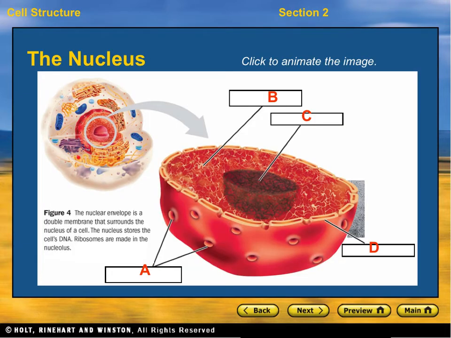Okay, so if we look over here in the upper left corner, you can see the picture of an entire cell. And in the center of that cell, we have our nucleus and our nuclear envelope here. So if we enlarge that and look at this big picture here, this is our nuclear envelope, which we can label as D. And you can see that A here is pointing to those nuclear pores.